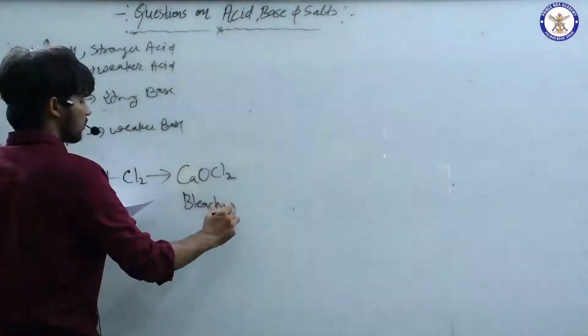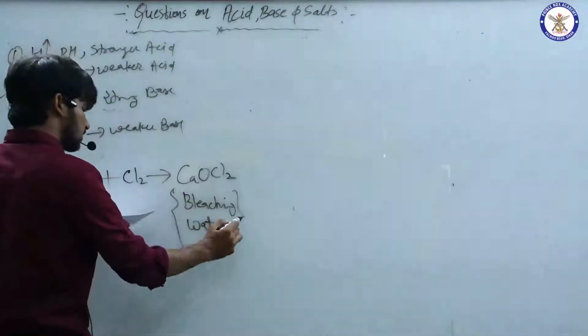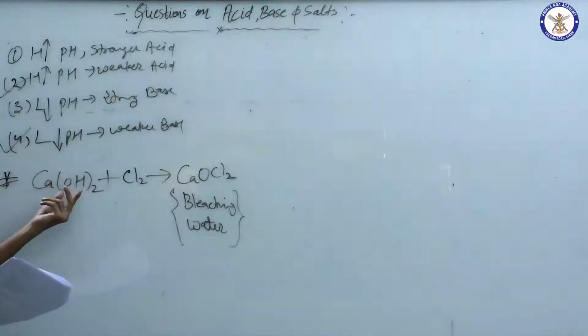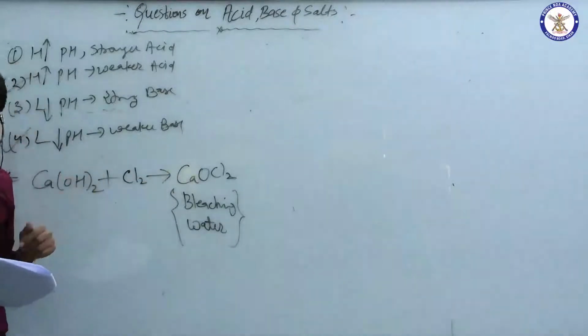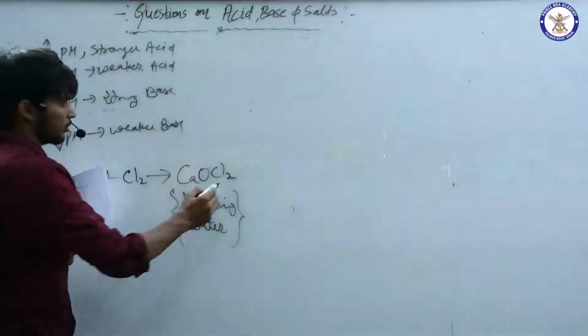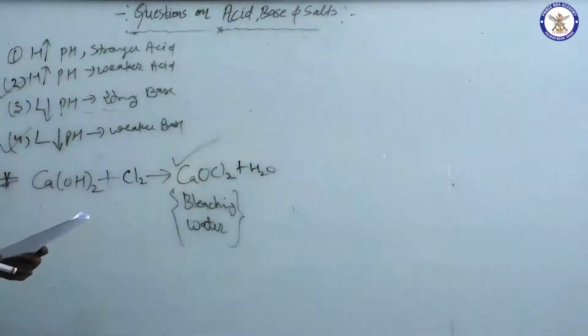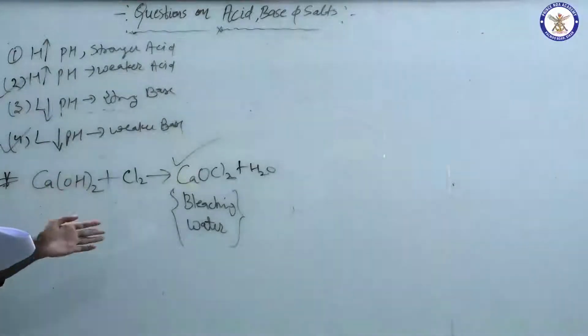Remember it, it is a very important question and it is asked many times. Calcium hydroxide, that is lime water, reacts with chlorine to give CaOCl2 plus H2O. So this is my final answer. Our option is bleaching powder. Baking powder, baking soda, washing soda are not the right answer.